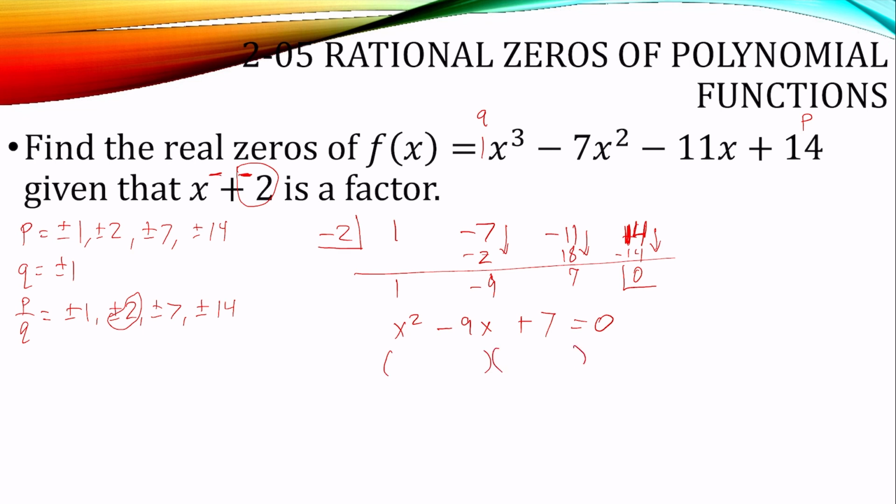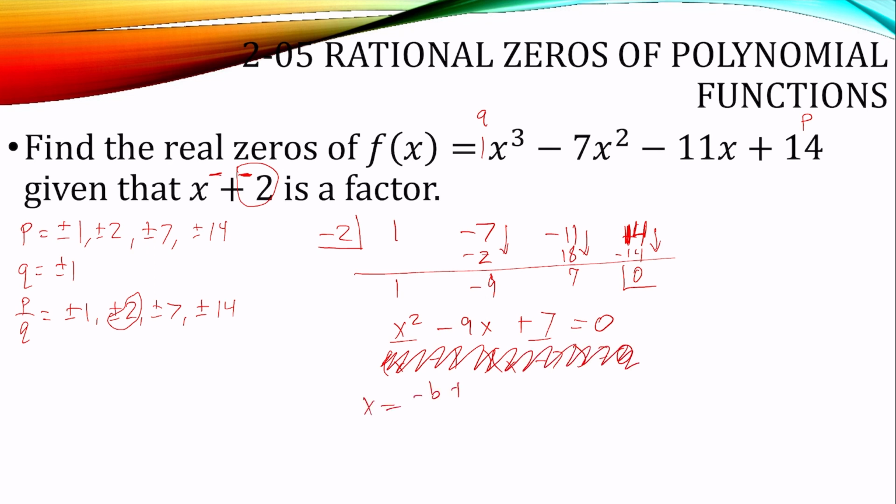Let's try factoring. To get x squared is x and x. To get 7 is just 7 and 1. But that does not add to make 9. And we have no other choices to make 7. So it looks like we're going to have to use the quadratic formula.